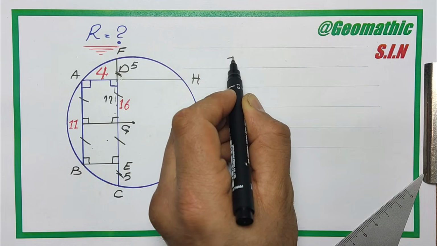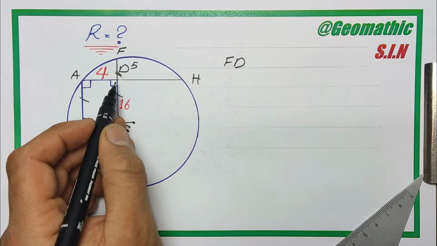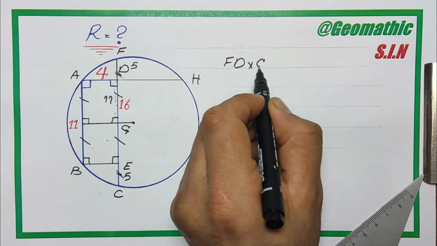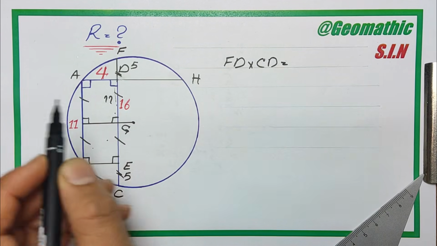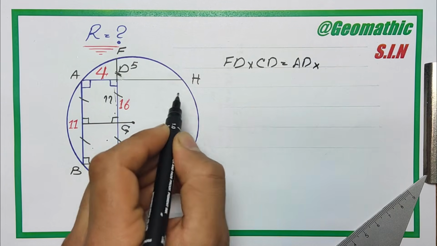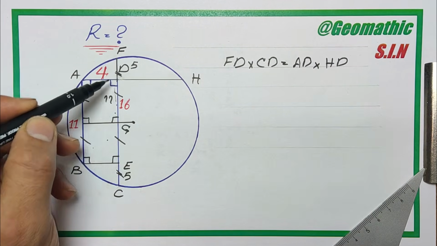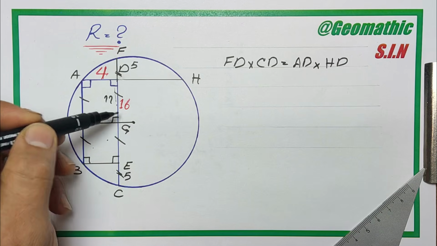So I write that: FD times CD equals AD times HD. We know FD equals 5 and CD equals 16.